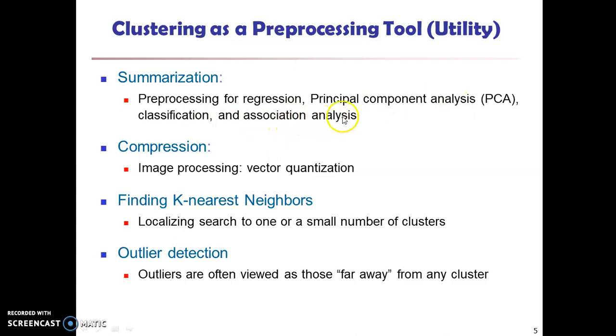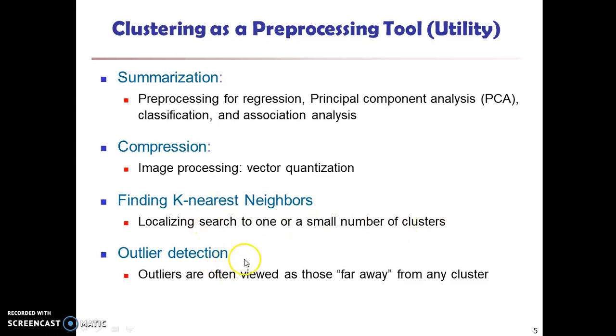For these processes, clustering will be used as a summarization tool. And compression: image processing, vector quantization. In image processing for vector quantization, we are using clustering. And finding k nearest neighbors: localizing search to one or a small number of clusters, we are using clustering approaches.